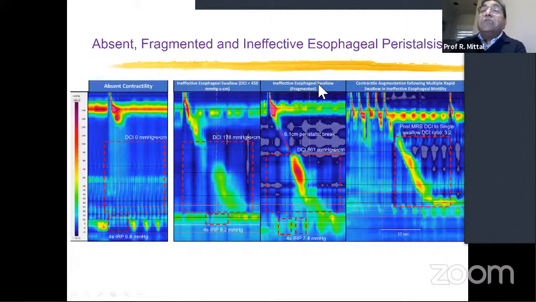Ineffective swallows include fragmentation, where more than a 5 centimeter segment is missing, so that's called fragmented peristalsis. And this is contractile augmentation following multiple rapid swallows. Normally after multiple rapid swallows, you should see augmentation, a stronger contraction wave. In reflux disease and scleroderma, this augmentation is sometimes lost.